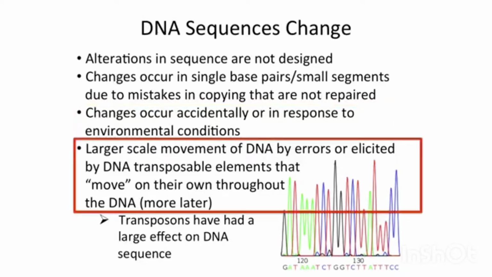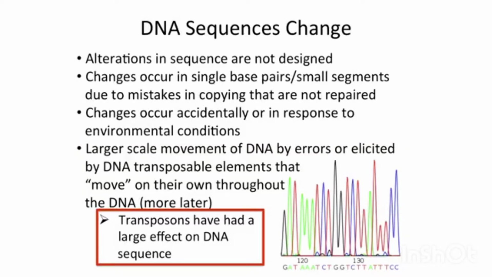Large-scale movements of DNA also occur, sometimes by errors or elicited by specific entities that are incorporated into the DNA called transposable elements that move on their own and take genes with them, and we'll talk more later about these elements. Transposons have overall had a significant effect on DNA sequence.